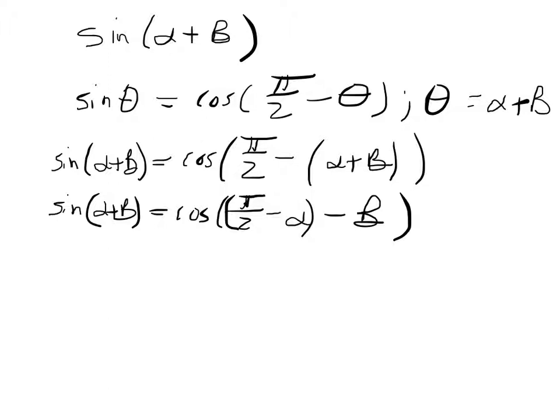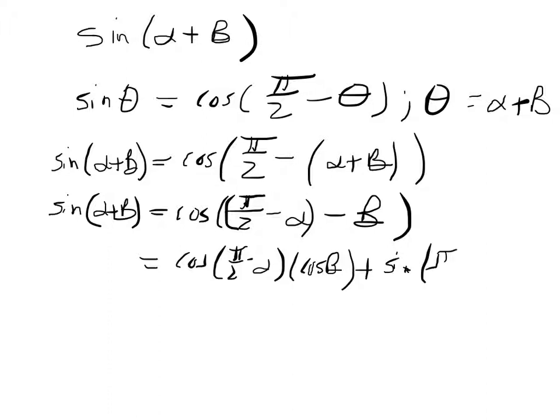So we then can go ahead and use our cosine of x minus y to rewrite this expression as the cosine of pi over 2 minus alpha times the cosine of beta plus the sine of pi over 2 minus alpha times the sine of beta.